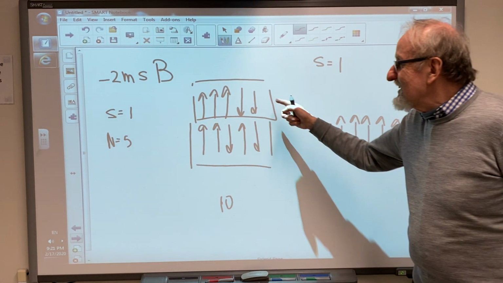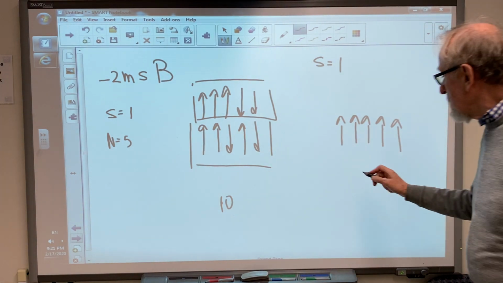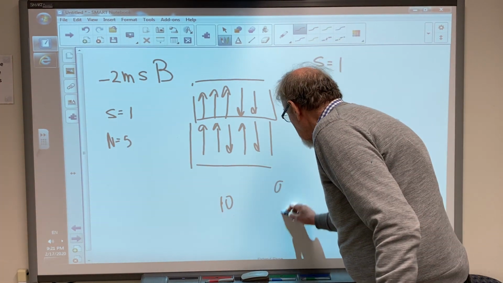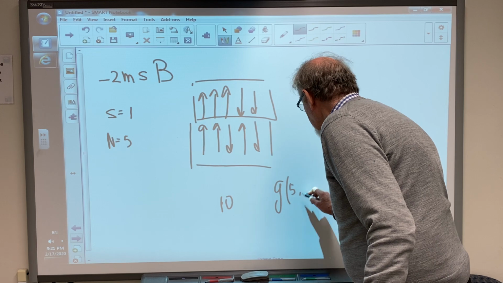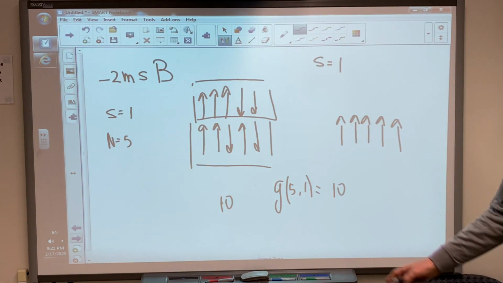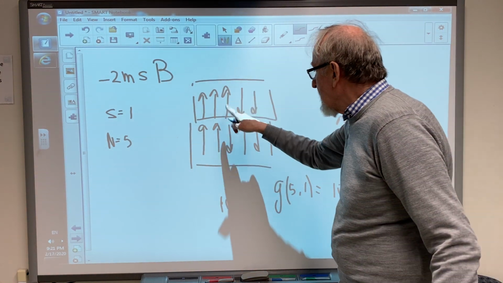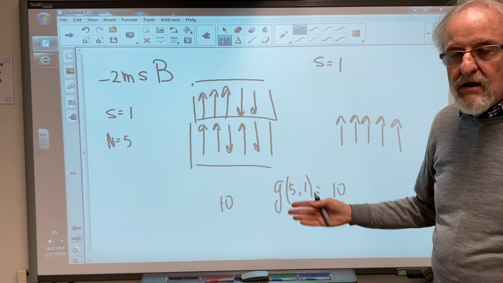But since it's as likely to be in any of these states as in any other, you take your G of 5, 1, which in this case is the number 10. G of N, S is the number 10, because remember this is the combinatorial 5, 3.